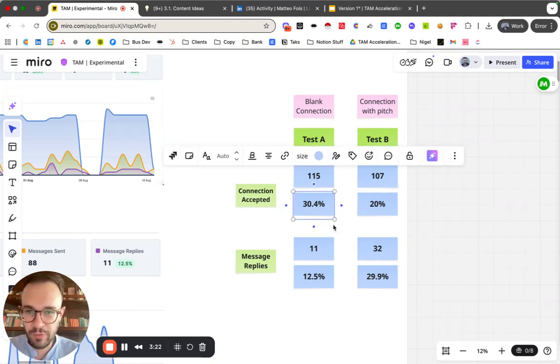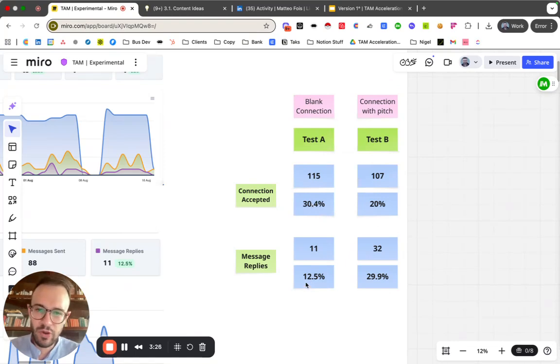But only 12.5% replied to these messages. So we were left with a smaller pipeline in test A. More people entered our network, but fewer people actually replied to our messages, were interested in our offer, and then we put in the pipeline and eventually convert at a second moment.